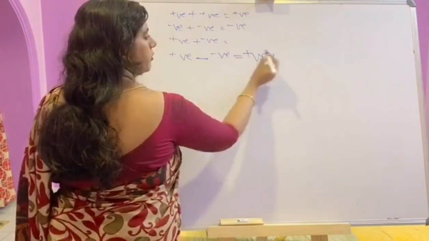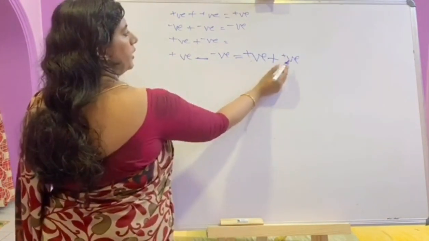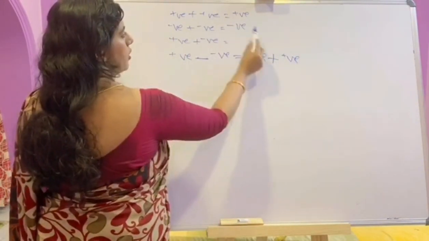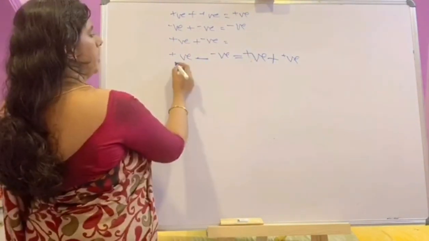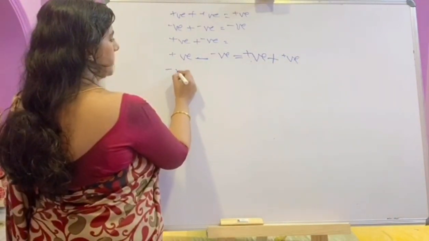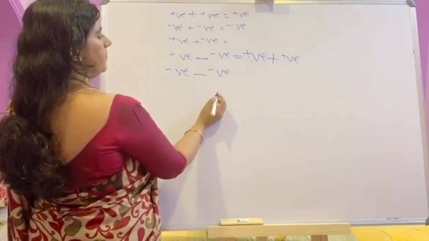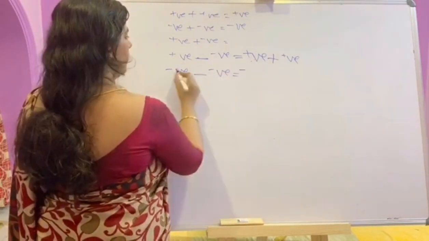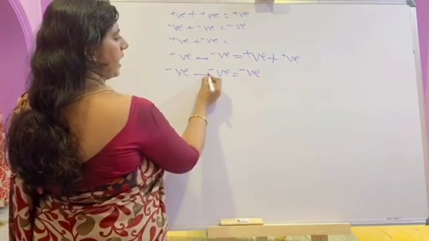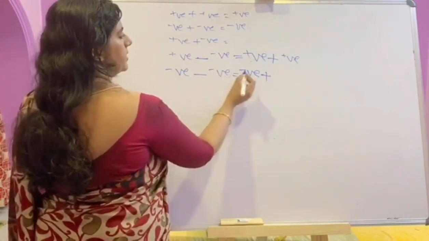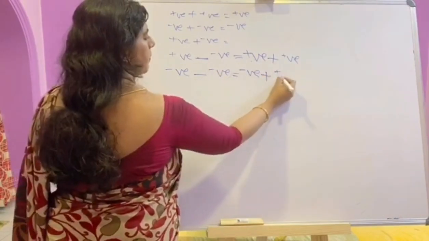So this negative becomes positive, and here you can use this law, that is positive plus positive, answer is positive. Now if it was negative minus negative number, then again the subtraction changes to addition, and the second number's sign is changed, that is negative becomes positive.